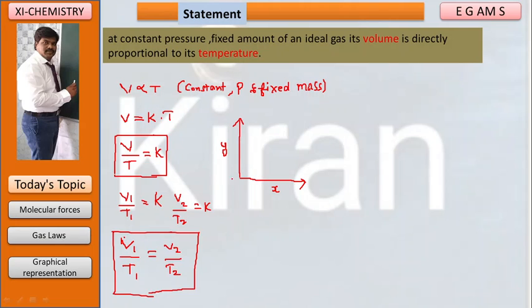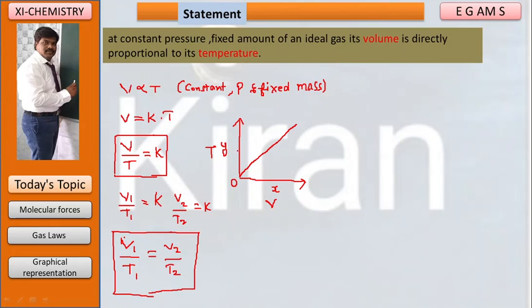X variable I am taking as T, and here I am taking V. T versus V. When T increases, V also increases. The straight line will go through the origin.